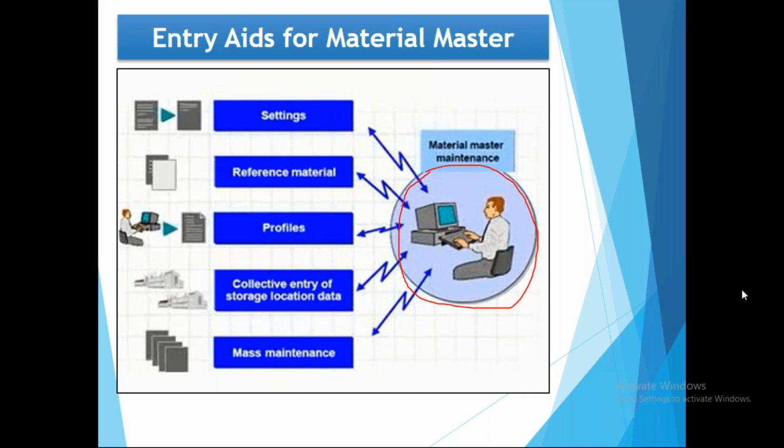First one is settings. Next one is reference material. Third one is profiles. We'll discuss profiles also. Then collective entry of storage location data. And the next one is mass maintenance. We will discuss one by one. Let's start with settings.